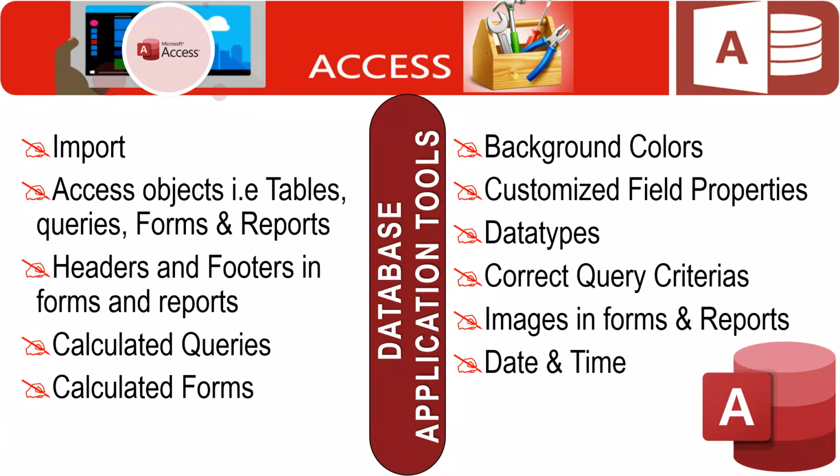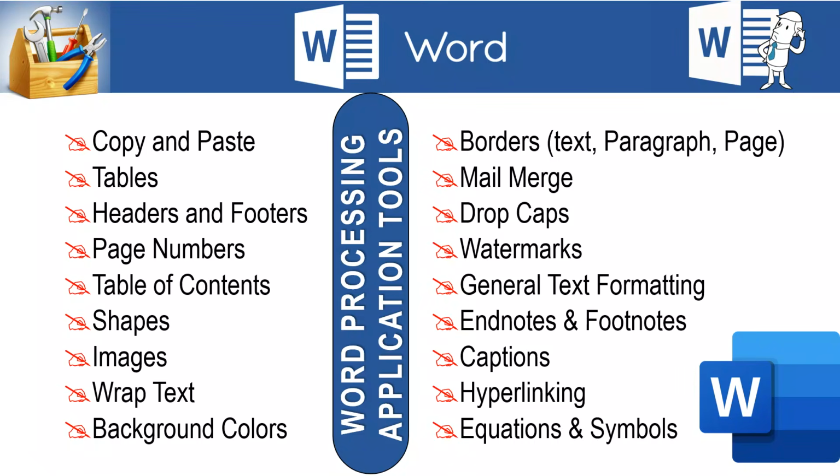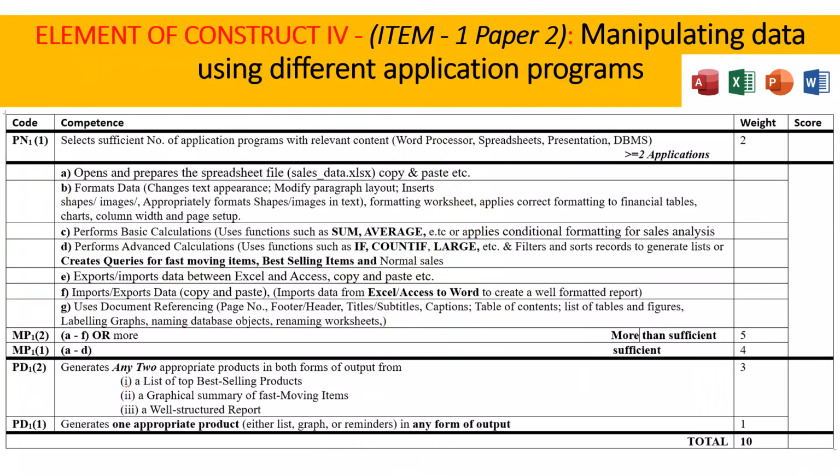Now, these application tools that we have looked at, we generate what we call a score sheet for that very item. This score sheet starts with planning. We are looking at, has the candidate used relevant application programs, and especially a candidate must use a minimum of 2 applications.